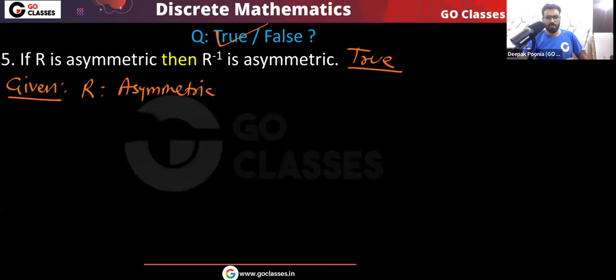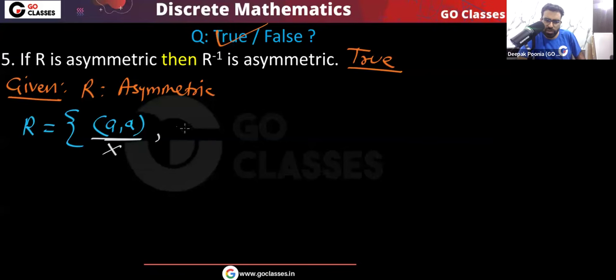See, we can actually use direct proof here. Notice, if R is asymmetric, then what can you say about R? R is asymmetric means there are no reflexive pairs. That is one thing. Yes or no? Definitely this type of things are not there, like A related to A. Do you agree with me? Second thing, R is asymmetric, so the reflexive pairs are not there, because an asymmetric relation is also irreflexive.